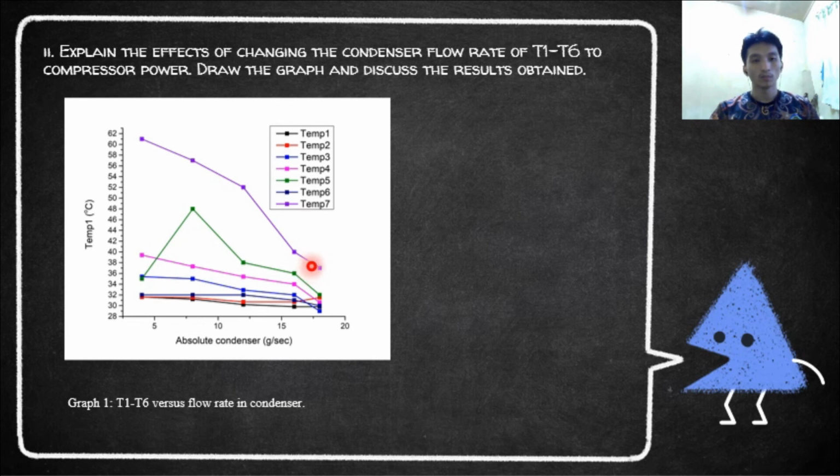So the statement is only valid for temperature 1 to temperature 6 to temperature 7, but temperature 5 is not valid for the statement. This is because I think there was some error that occurred when doing the experiment.